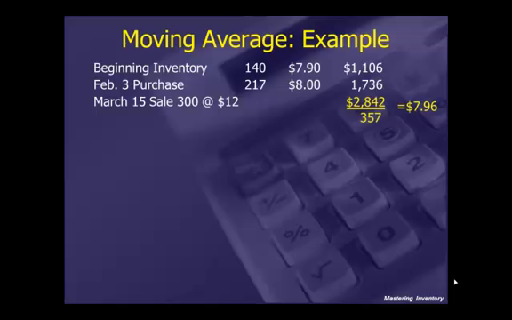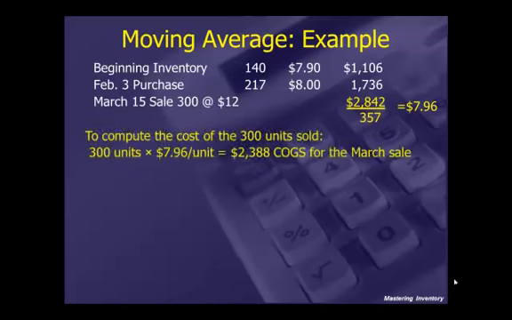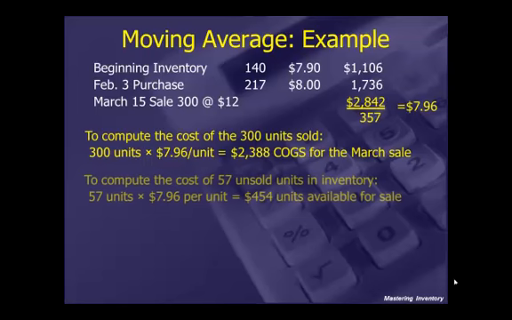When we sell 300 units, we're going to sell 300 times $7.96. So that means we're going to have $2,388 cost of goods sold for this March sale. To compute the cost of 57 unsold units in inventory, because we had a total of 357, we sold 300, so that leaves us 57.